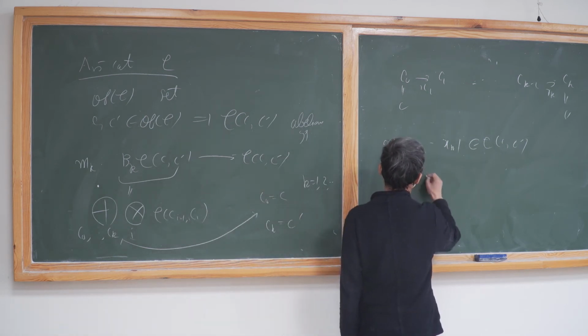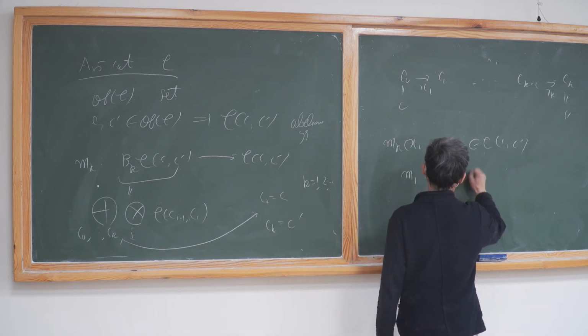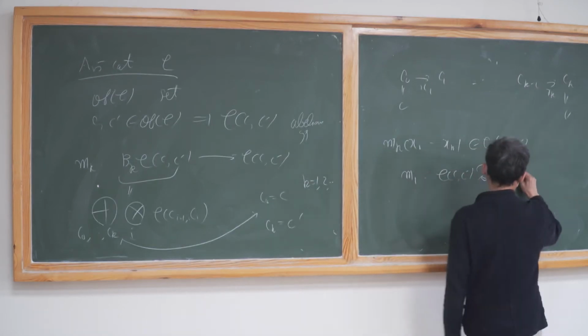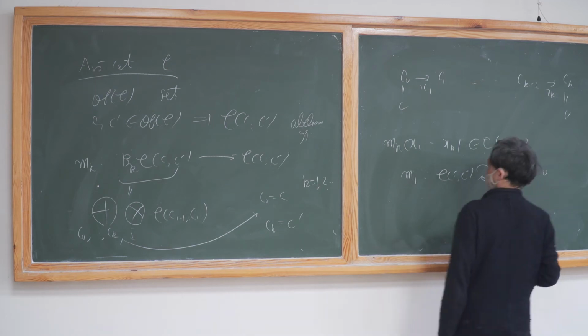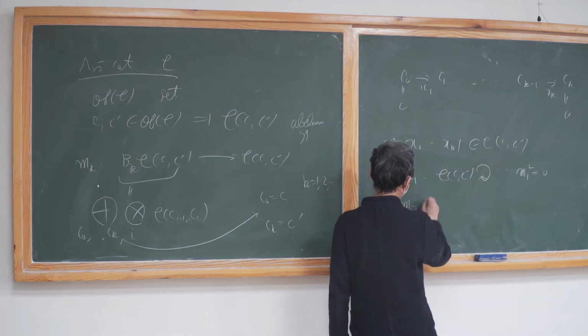M1 is just a map from C prime to itself, a boundary operator, and M2 is a composition.